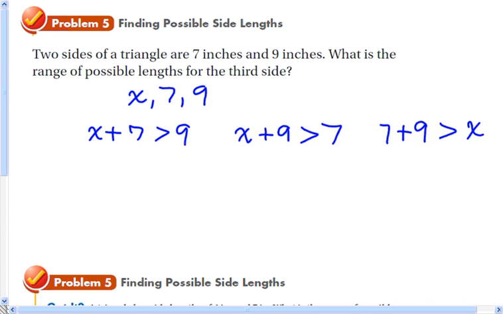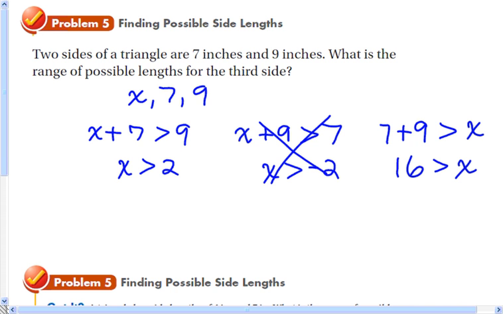Now, solving each of these inequalities, if we subtract 7 from both sides here, we get x is greater than 2. If we subtract 9 from both sides here, we get x is greater than negative 2. And if we simplify this, we get 16 is greater than x. Now, one of these doesn't work at all because you can't have negative side lengths, so we're just going to ignore that one.